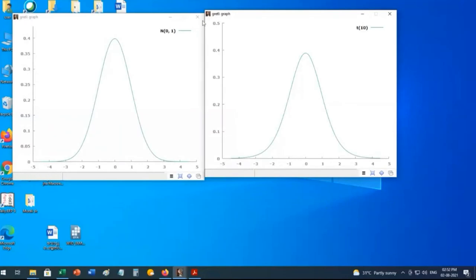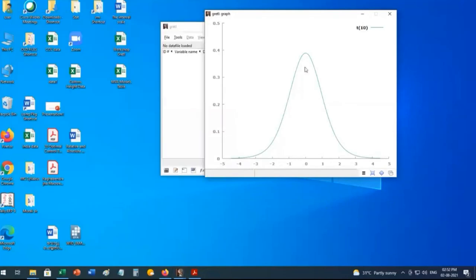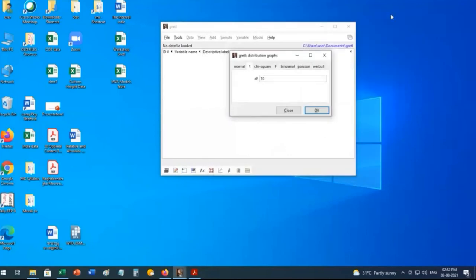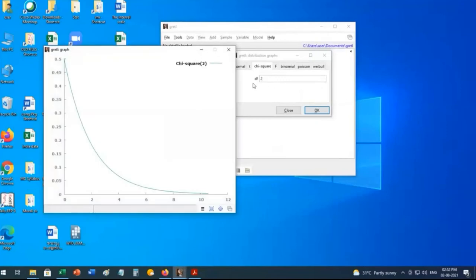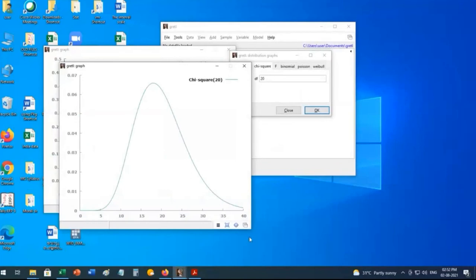So we can have the different distributions like this. Chi-square, see the degrees of freedom. If the degrees of freedom is 2, then this is the distribution of chi-square. If the degrees of freedom is say 20, then see the chi-square distribution approximates normal distribution.